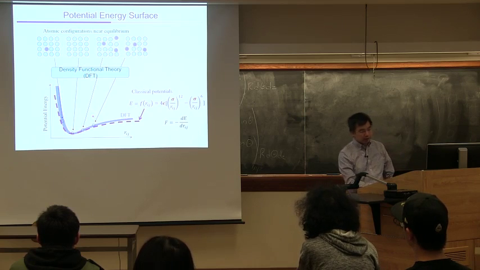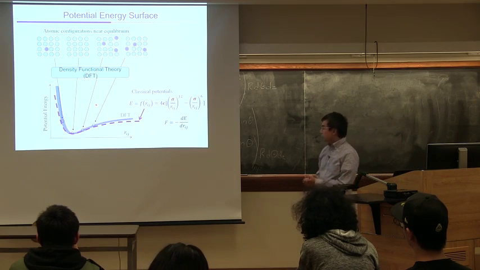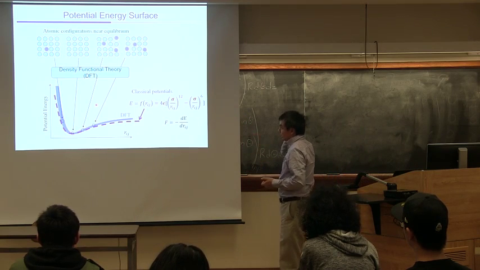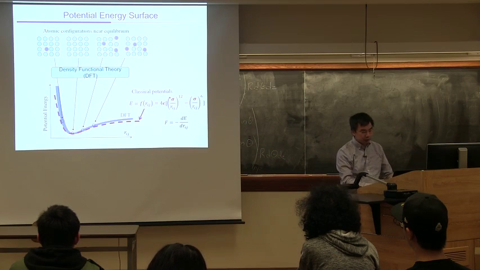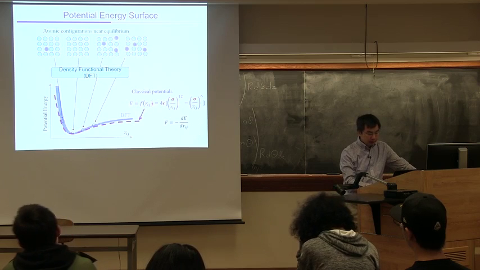Now our task is to develop a classical potential that can fit to this DFT energy surface, right? This diagram shows what if we choose the Lennard-Jones potential, where E is a function of the distance.